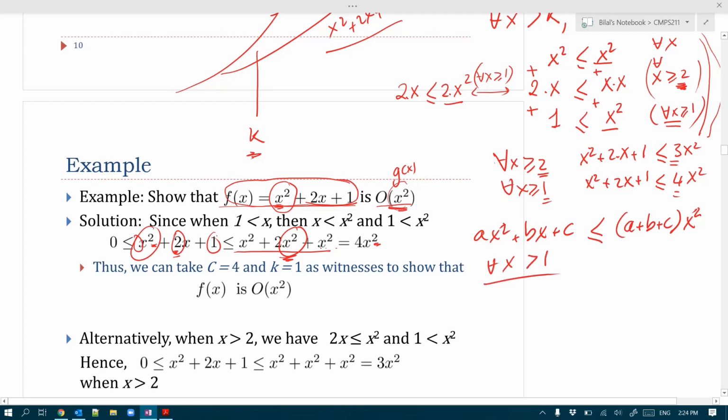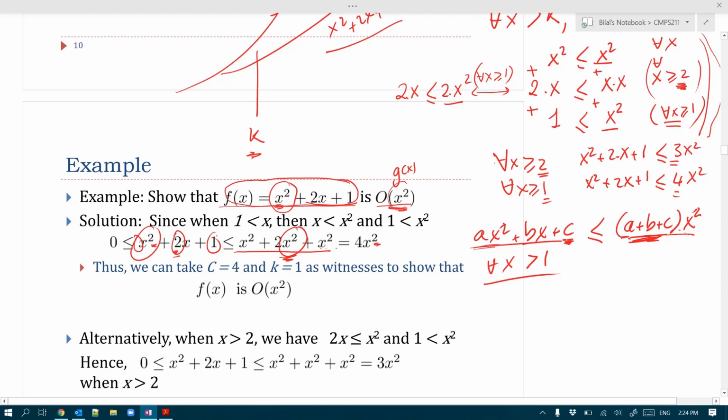So double check it, because when x is strictly greater than 1, then c is less than or equal to c times x squared, and b times x is less than b times x squared, and ax squared is less than or equal to ax squared. So finally, this sum would be less than or equal to the sum of the coefficients times x squared.